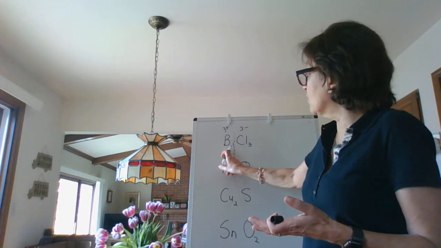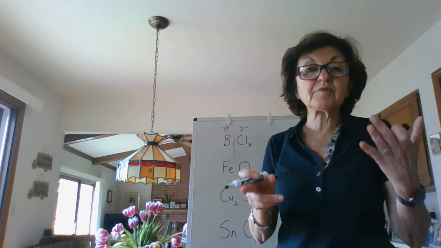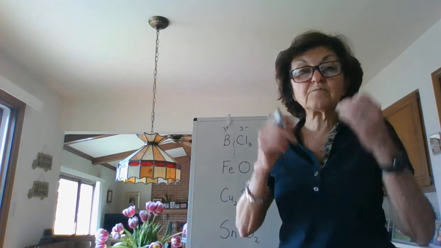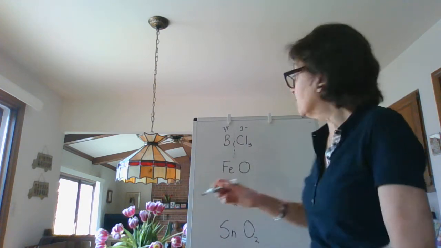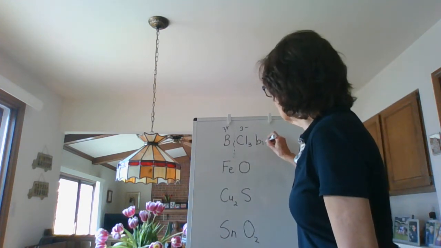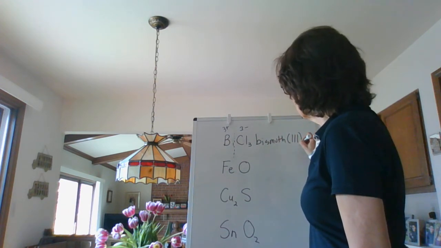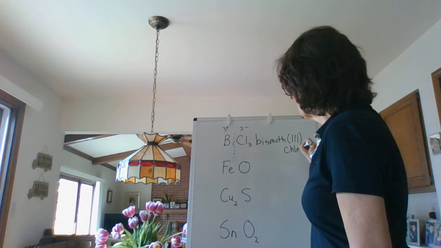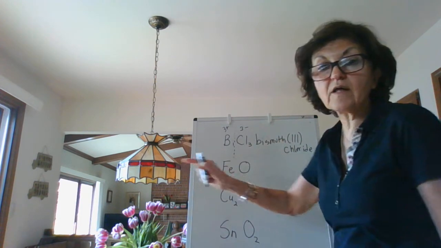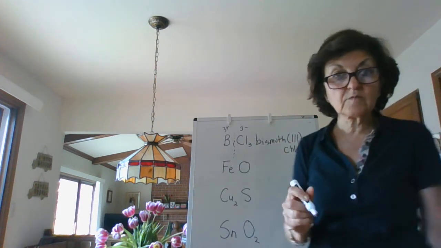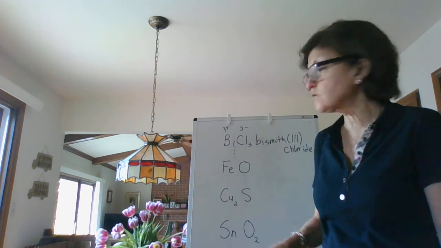And since I only have one bismuth, that bismuth must be +3. So therefore, this is bismuth, Roman numeral 3. So we write the name of the compound, bismuth, Roman numeral 3, chloride. I just didn't have enough room on one line, but it's all one line. Okay? Let's do the next one.